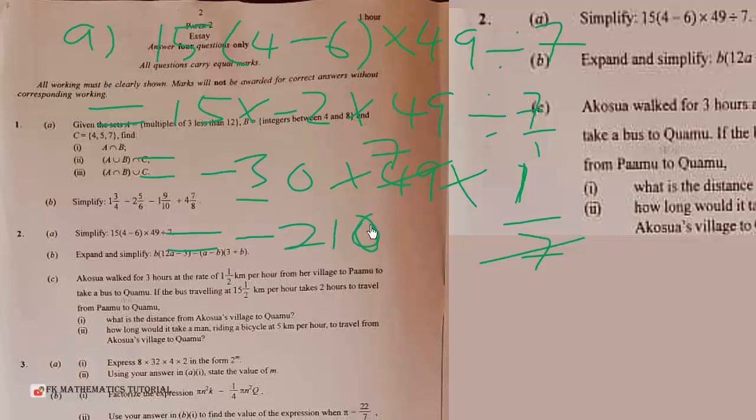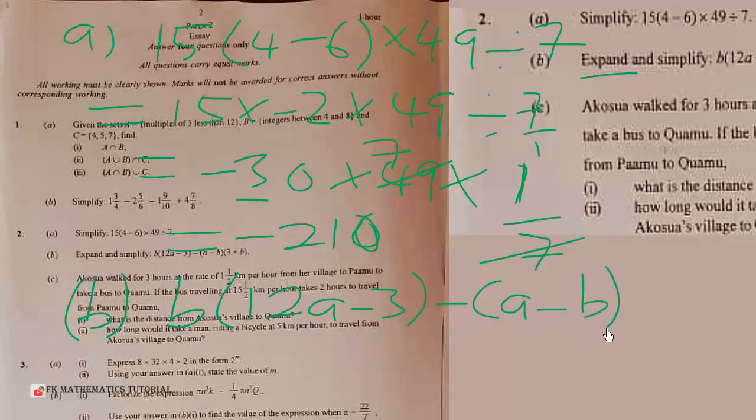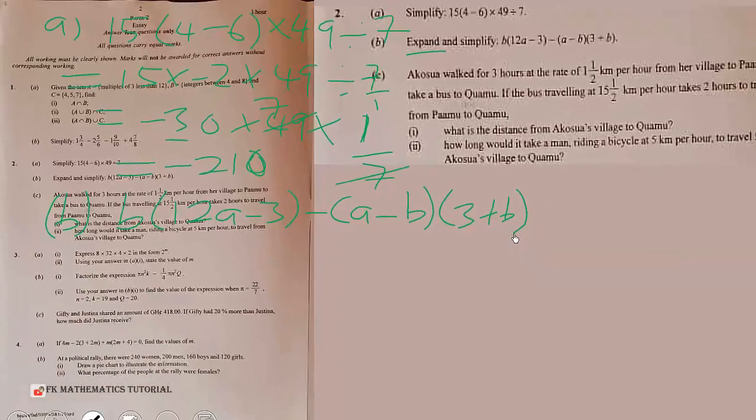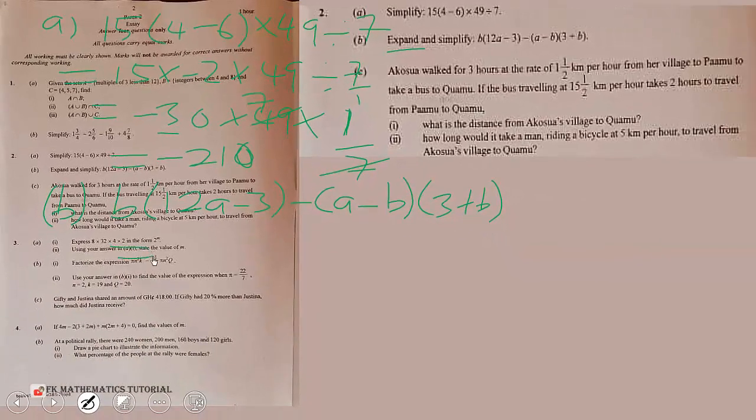Now let's look at the B part. We are to expand B into 12A minus 3, minus A minus B into 3 plus B. So this will be equal to B times this, which will give you 12AB.